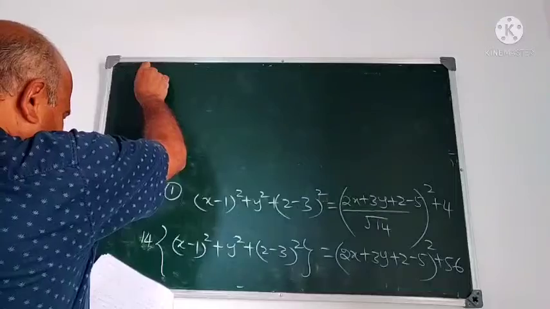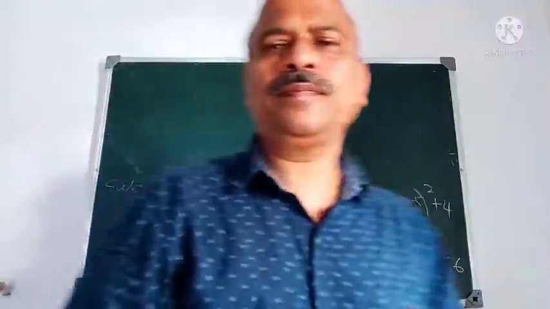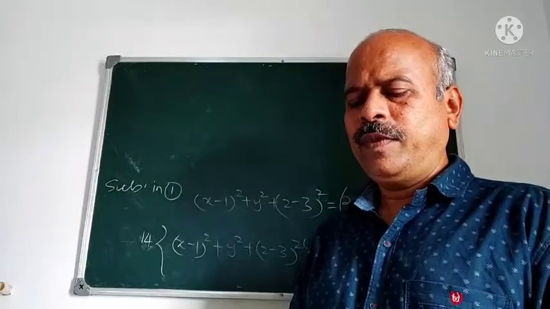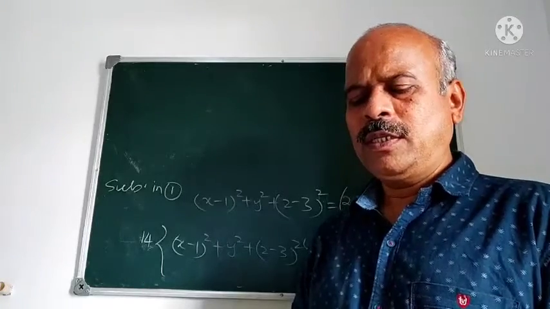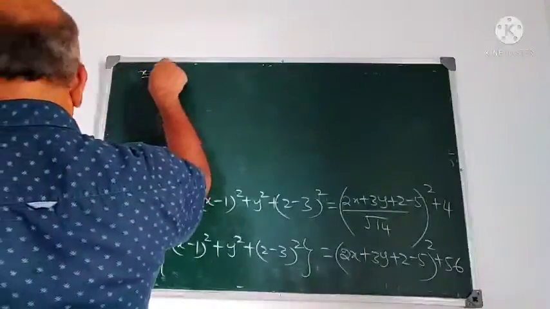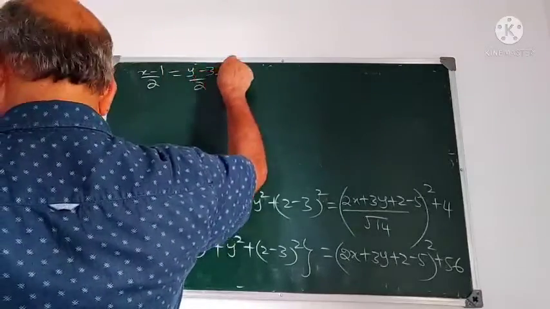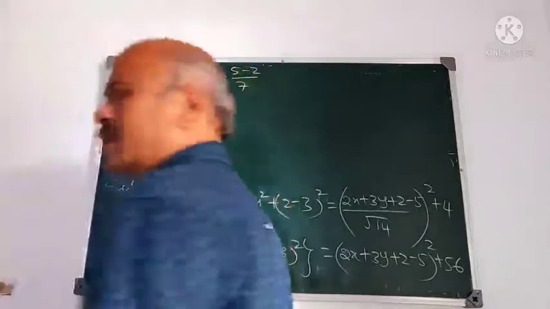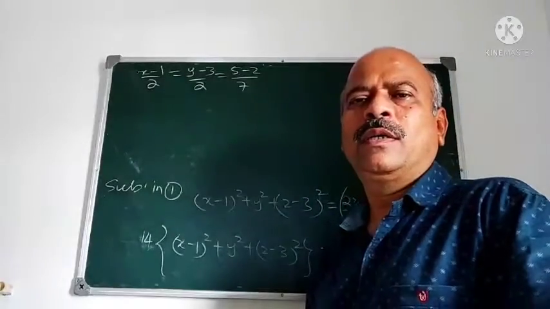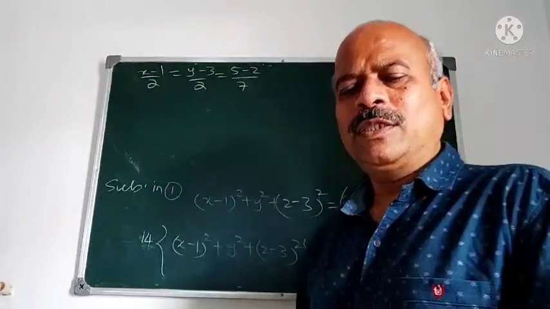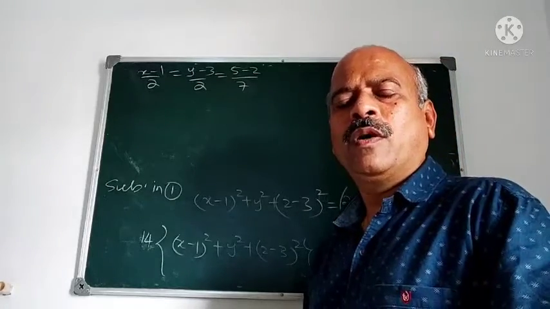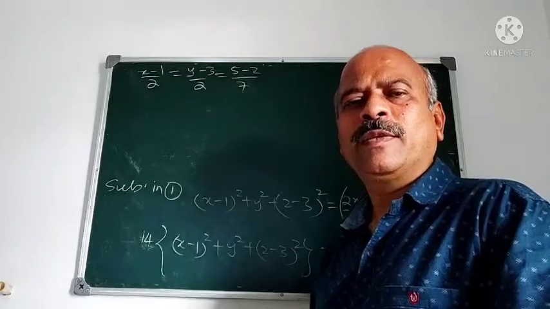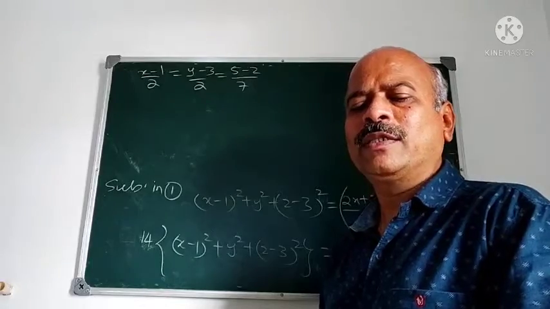And you take one more example as an exercise. Find the equation of the right circular cylinder of radius 3 and having for its axis the line (x minus 1) by 2 is equal to (y minus 3) by 2 is equal to (5 minus z) by 7.